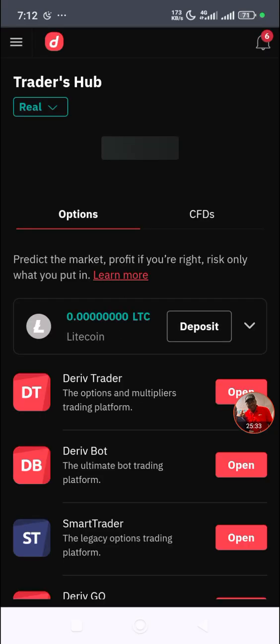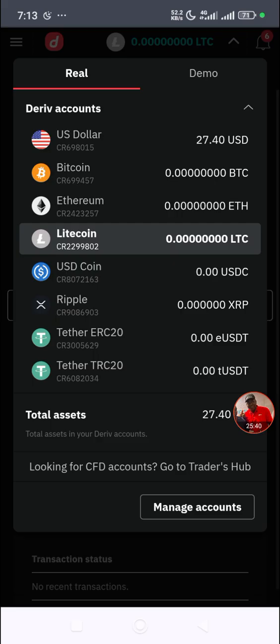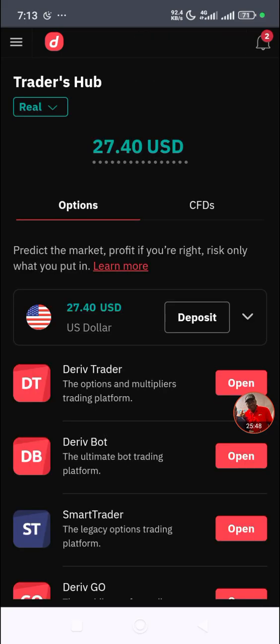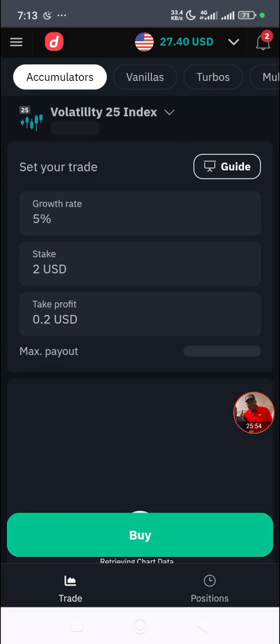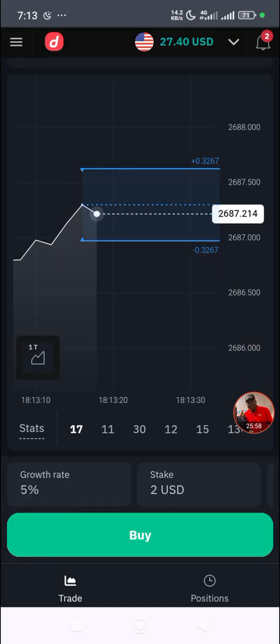Even if it's just the accumulator you follow, and you are doing just one trade per day, or two trades per day, or three trades per day, you are okay. What I need is this. I just wanted to show you one single trade, if I'm able to catch the signal on time.